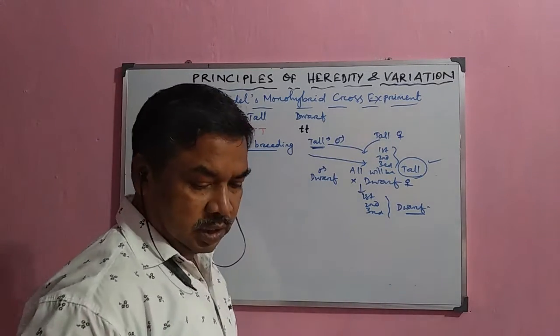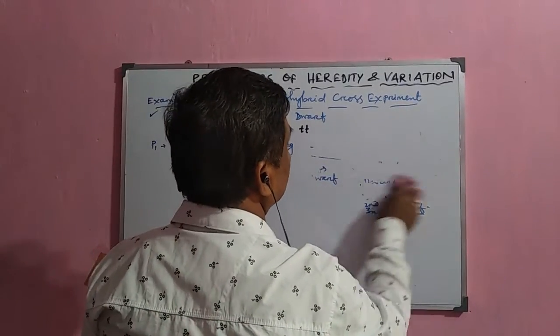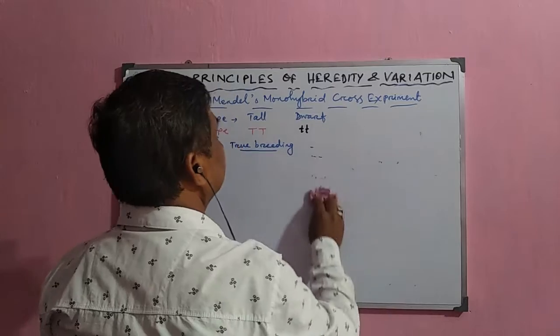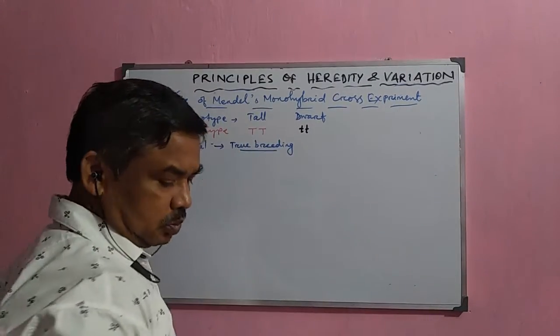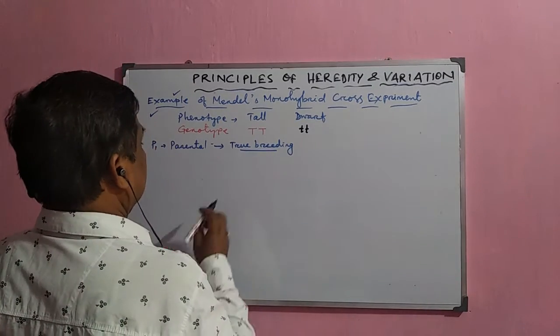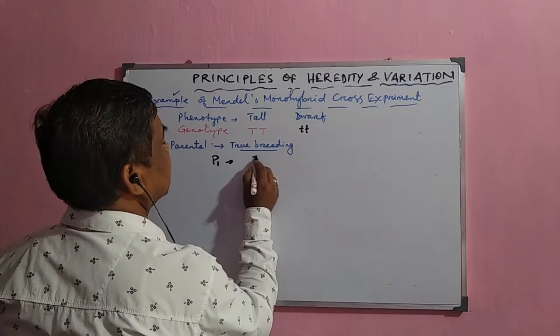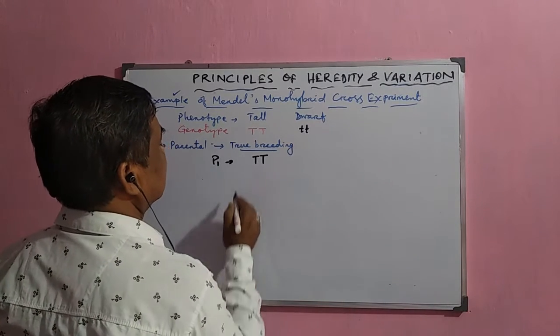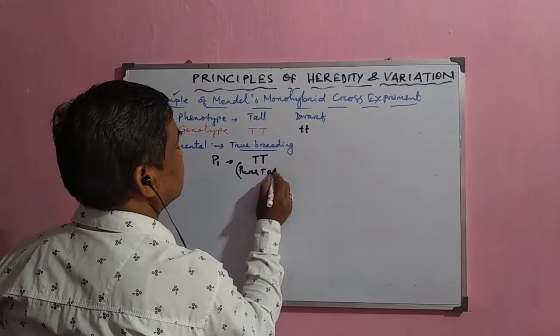Now in the parental generation, these two, the pure tall variety and the pure dwarf variety, are taken here. This pure tall is actually the parental generation, and these are the pure tall variety.